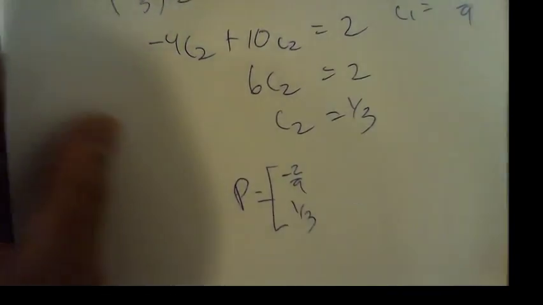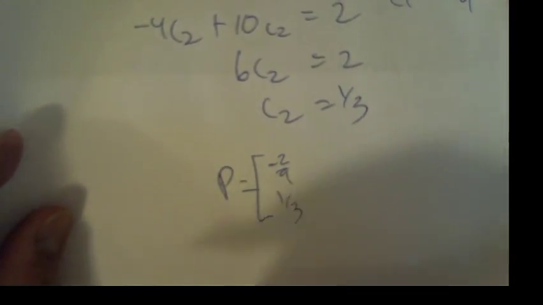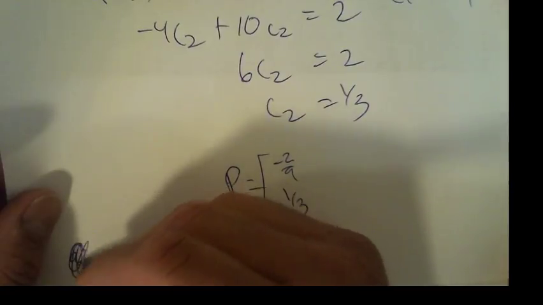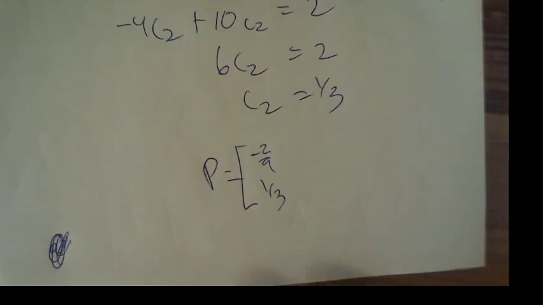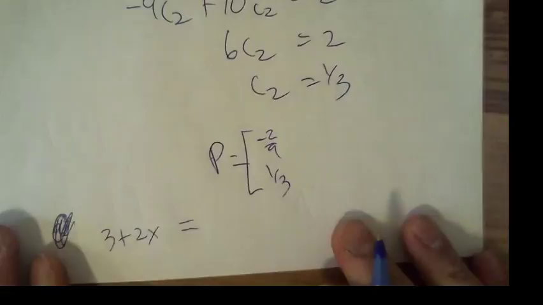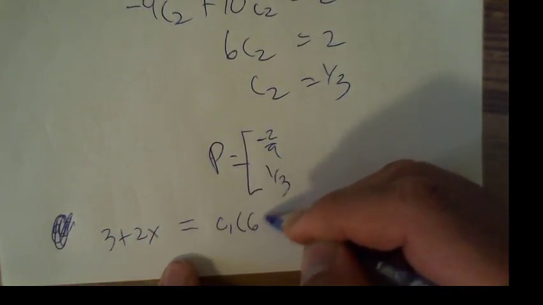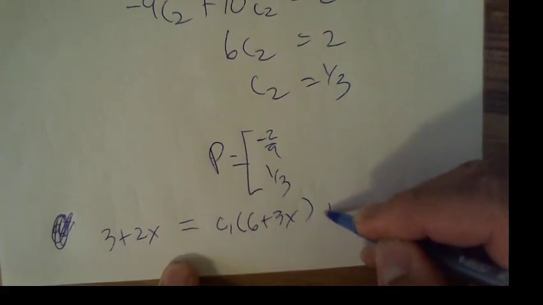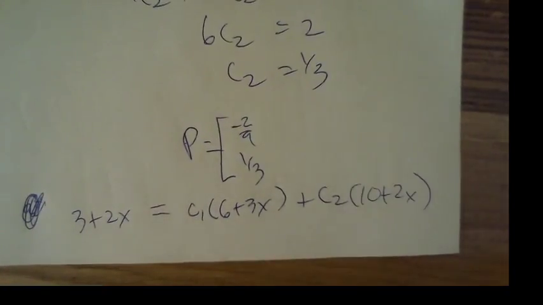So from here, what we would do next is you'd look at your Q2, which was 3 plus 2x, and I would solve that system, right?